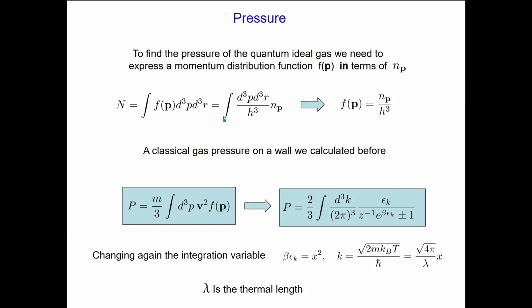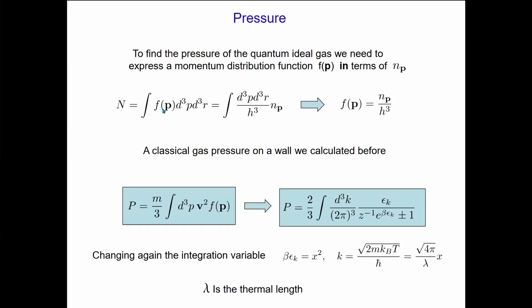If we compare it with our definition of occupation numbers for a given momentum of the particle, occupation numbers depend only on the value of the momentum, okay? And then we integrate over all elementary cells in the phase space.